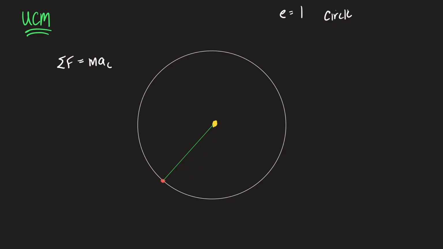Which means if we have an object at the center, which we're for this moment calling the star, and an object orbiting, which is a planet, and they are separated by a distance, r, the radius of curvature, then we can use the force of gravity as the unbalanced force that is causing the planet to be in centripetal motion.